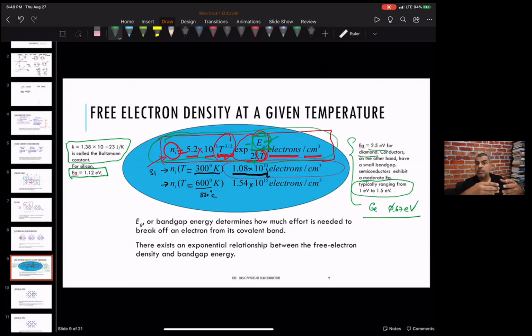So you don't need an NP junction to have drift current. You just need a piece of silicon. In fact, even if you had an intrinsic piece of silicon, if you put an electric field across it, you'll get a current going across it, but the current will be the same for the electrons and the holes, because there's no majority or minority carrier. They're exactly the same.